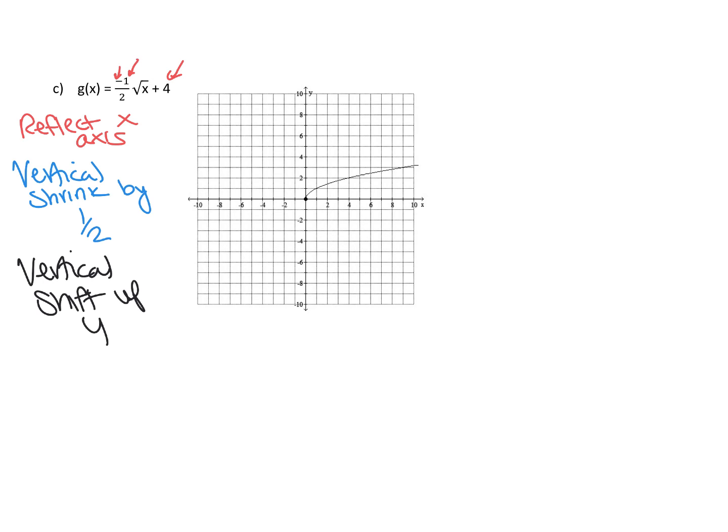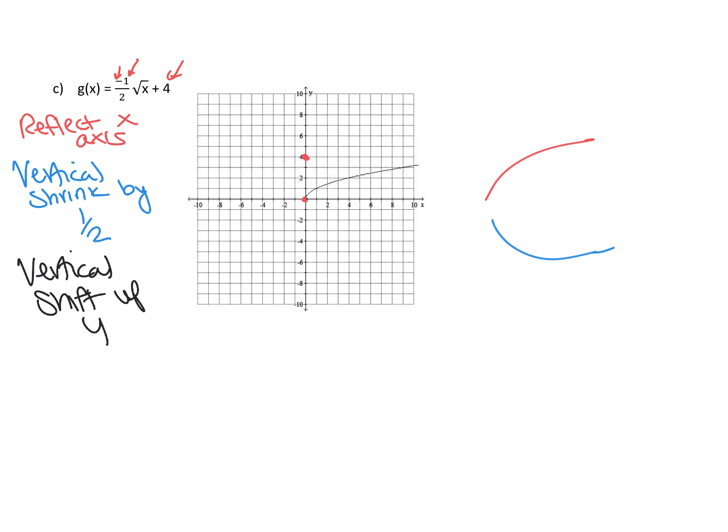So I want to go ahead and take my main ordered pair. I'm going to move it up 4. I also want to reflect over the x-axis. So that shape, this curve here, when I reflect over the x-axis, it's just going to make it flip like that. So I would want to show that. And then the vertical shrink is really difficult to do because if you think about that ordered pair at 1, 1, my new ordered pair would be at like 1 and like 3.5.